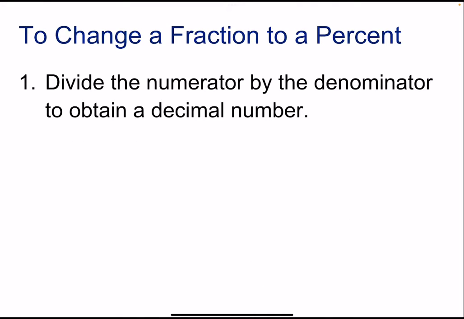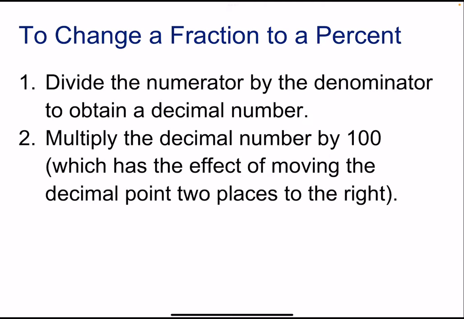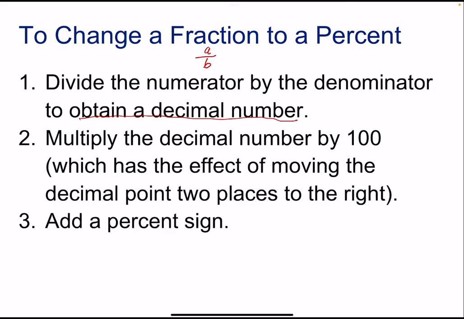Now how do we change a fraction to a percent? By fraction we mean a number in the form of a over b, right? So what we do is first obtain the decimal format of the fraction, okay? And then you multiply the decimal number by 100, then add a percent sign.